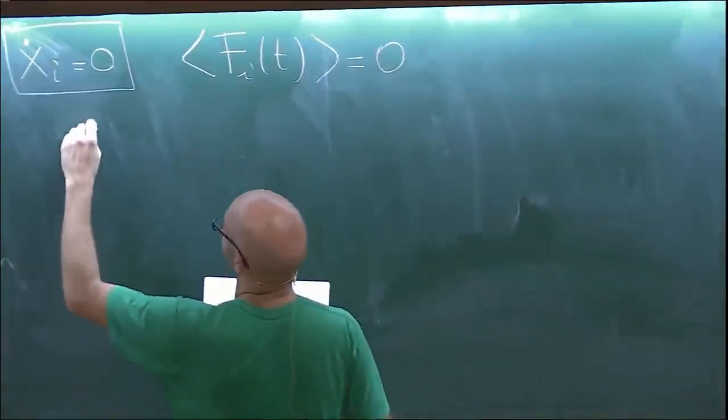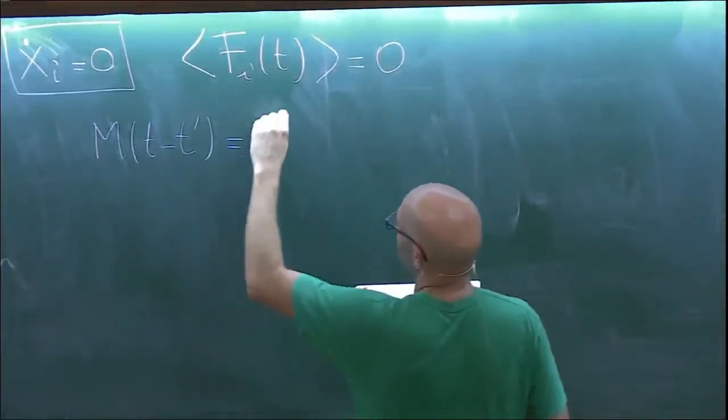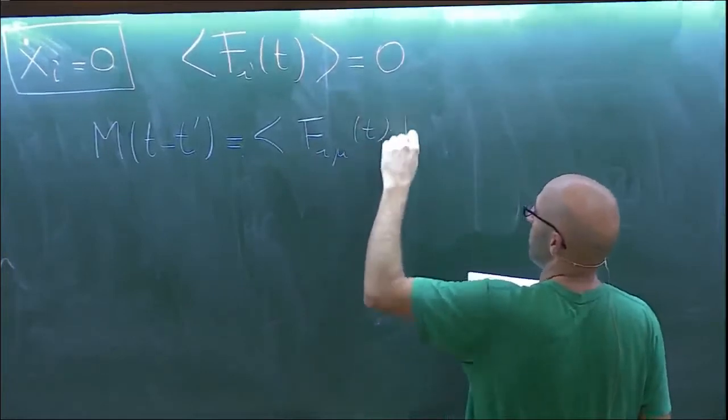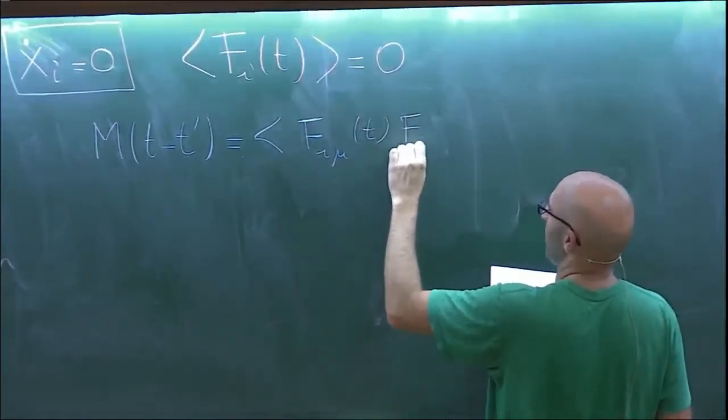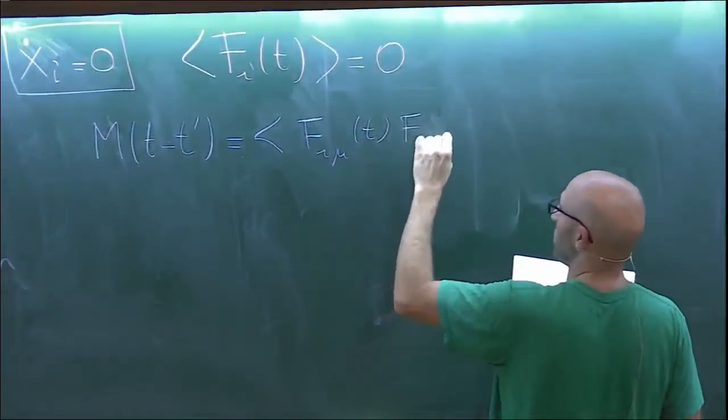And the variance, I will call it M of t minus t prime. This is going to be the average of Fi mu of t, Fi mu of t prime.